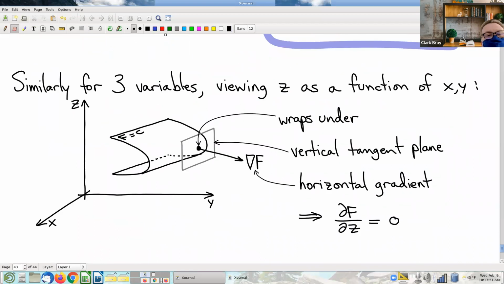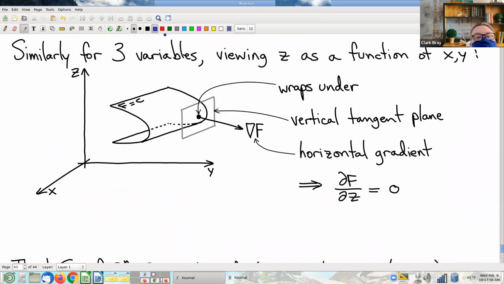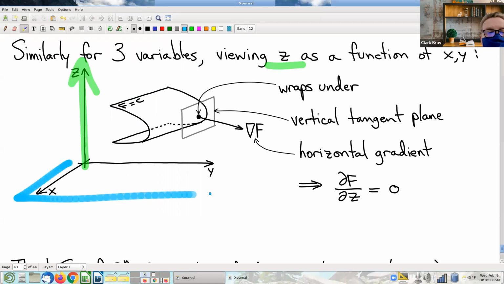And again, we did this last time, which is why I'm going quickly here. But that same idea, if you have a level set of a function of 3 variables, thus giving you a surface, in other words, if someone gives you an equation that involves 3 variables and you interpret it as a level set of a function, can I, for example, think of z as being a function of x and y, perhaps?